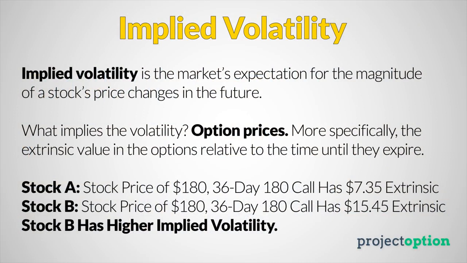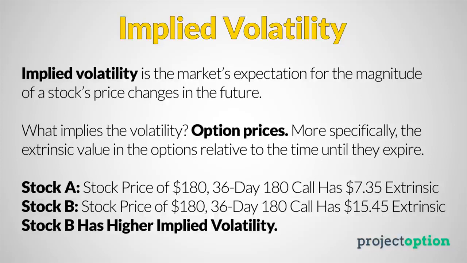All right, so implied volatility is the market's expected magnitude of stock price fluctuations. And what is implying the expected magnitude of the stock price fluctuations in the future? It is the option prices.